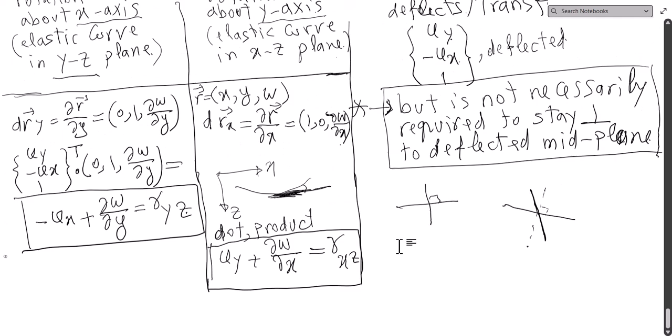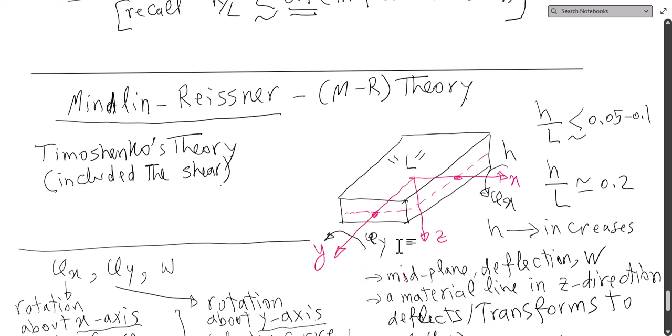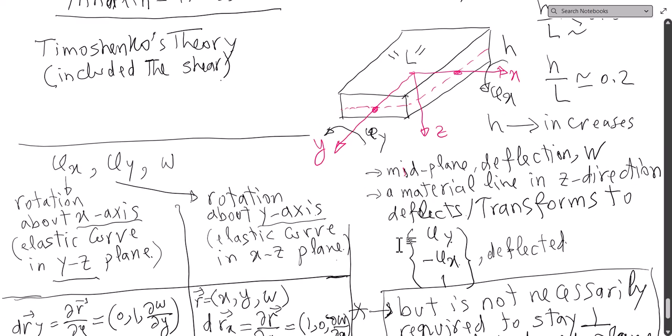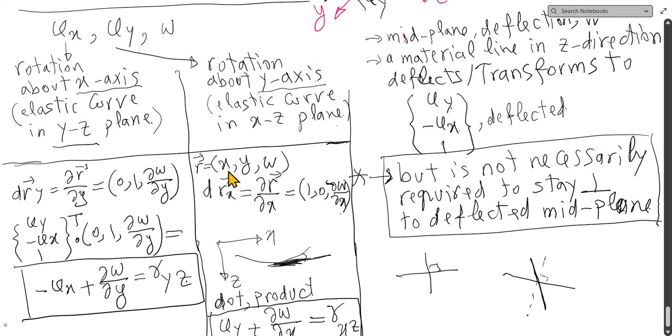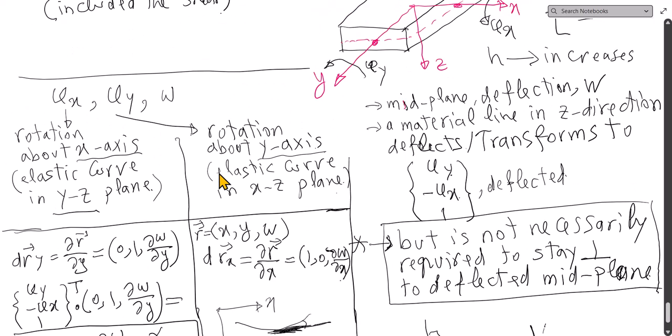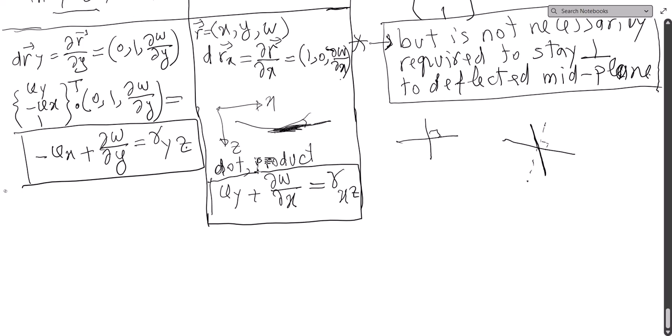Okay, so once you understand this and absorb this, the rest is similar to what we have done before. As a summary, we have the same phi x, phi y, w, but we relax the requirement of a material line remaining perpendicular to the deflected midplane, and then we get these simple relationships.